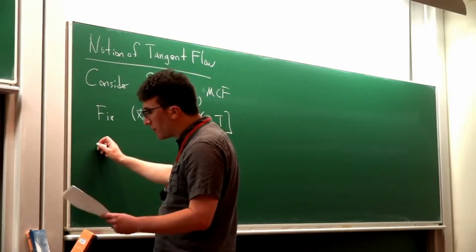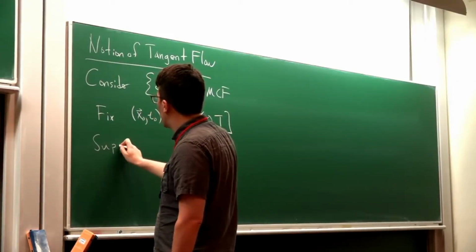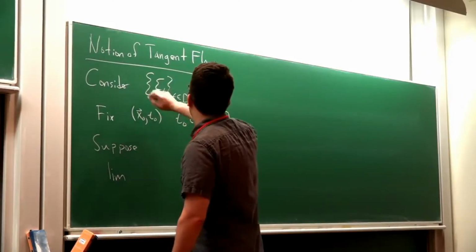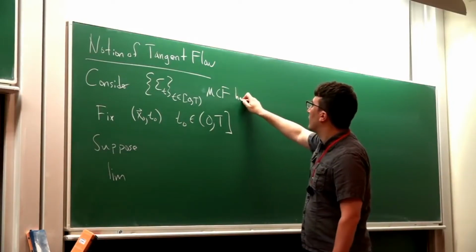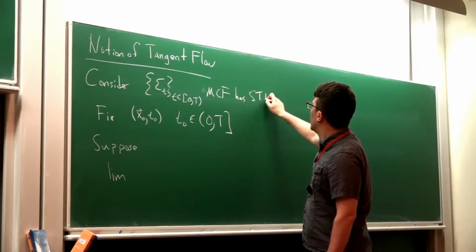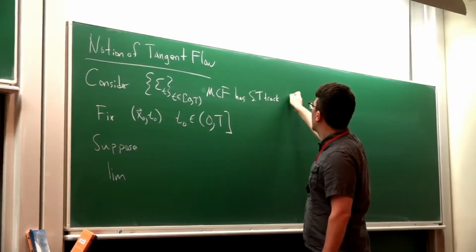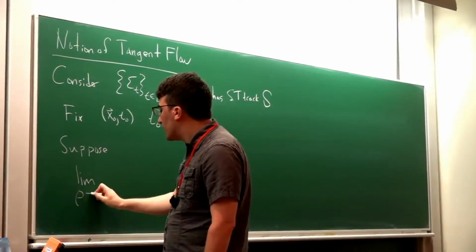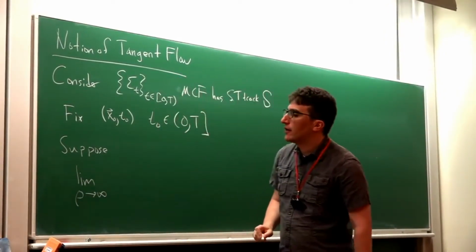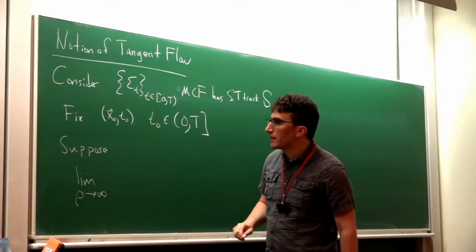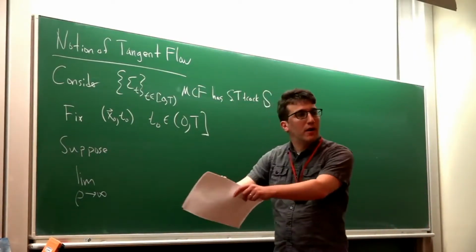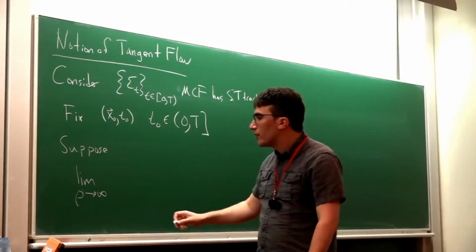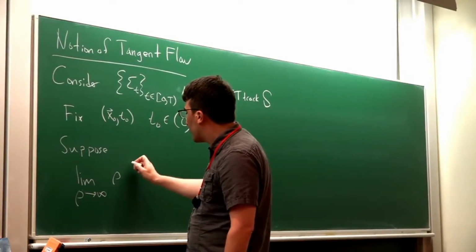Suppose this following limit exists. Suppose this flow has a space-time track, script S. Suppose we could zoom in around this point x naught, t naught and dilate the flow parabolically. Remember, we have this dilation invariant symmetry of the space-time track. So suppose the limit, I'm going to write it in this way.